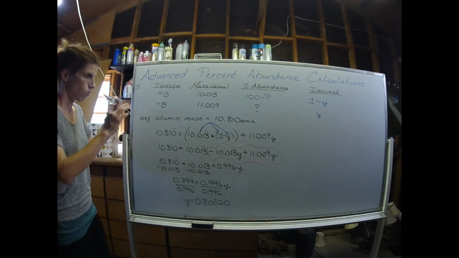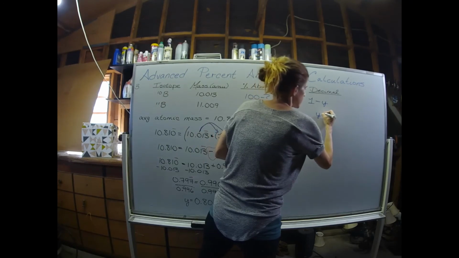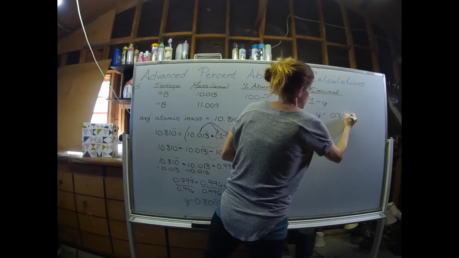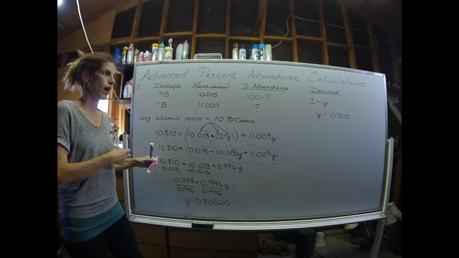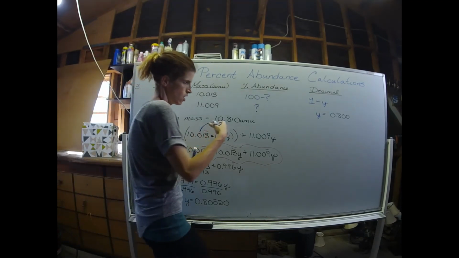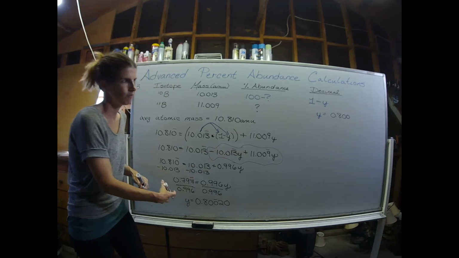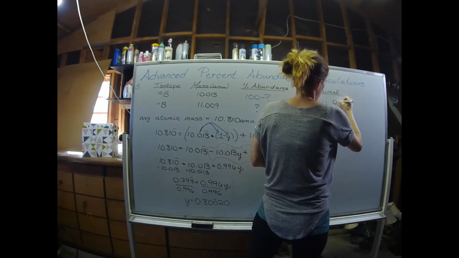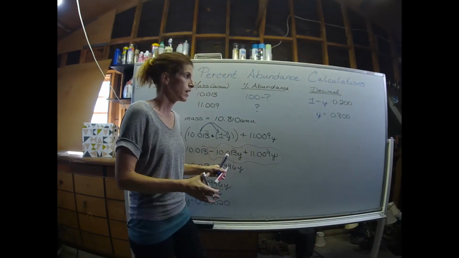So y then is 0.800, and then I'm going to do 1 minus y to find the percent abundance of boron 10. And honestly, you should do 1 minus this whole unrounded value. You wind up with 0.200 after sig figs are taken into consideration.